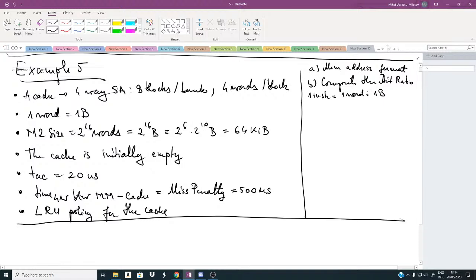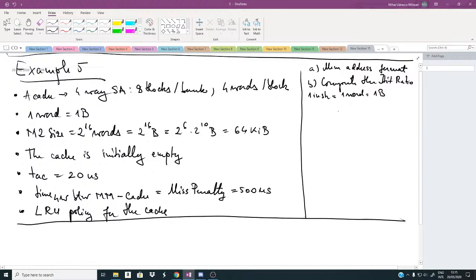But nonetheless, if we want to understand the mechanism behind it, we have to reduce sizes because it makes it simple for us to follow things. If we take modern examples, it would be impossible to follow things on a piece of paper or when we write on a board. So that's the idea. One word is 1 byte, 1 byte is one instruction.